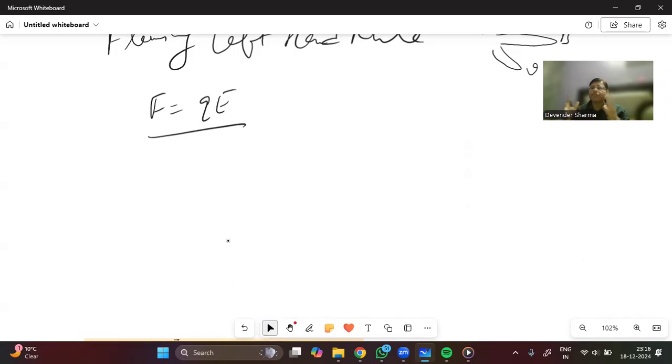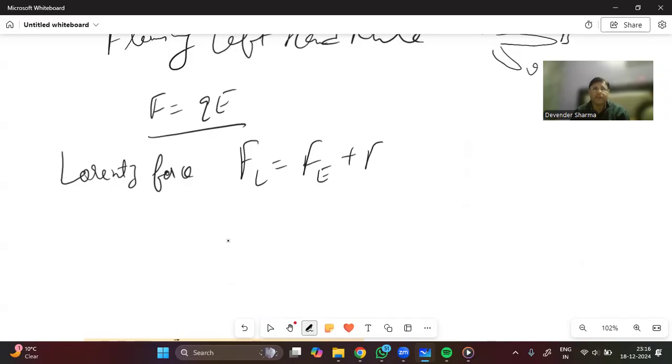So what if we have both the forces joining together and applying their effect continuously? That force is called the Lorentz force, FL, and it is equal to the electrostatic force plus the magnetic force. So it is QE plus BQV sine theta. Very important.